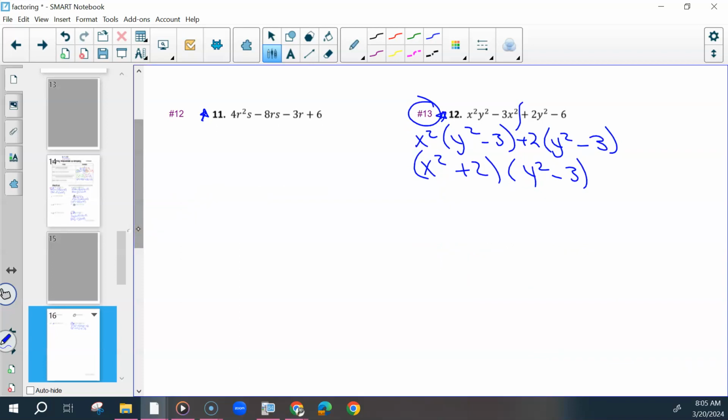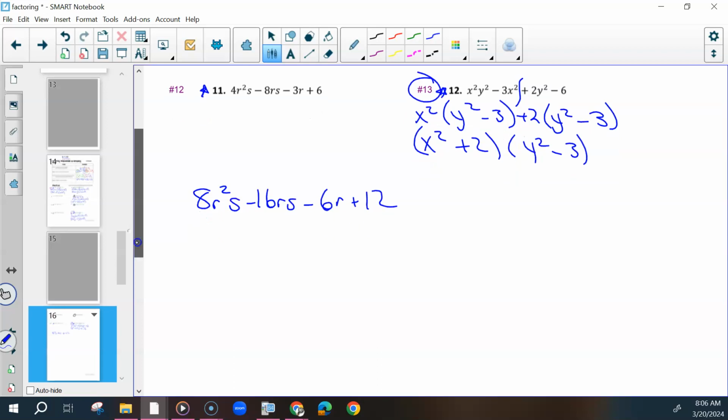You may also see something where you had a GCF at the beginning, and maybe the numbers were bigger, so I'm going to attempt to use one of these and just make the numbers bigger. So if I had something like this, we're going to do it like normal first, and then see what happens at the end.